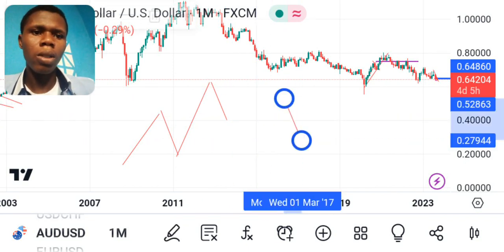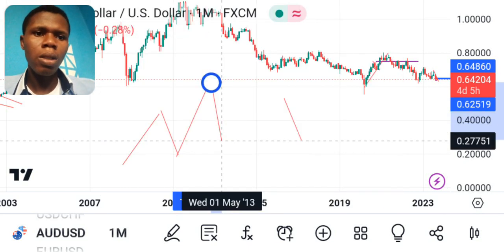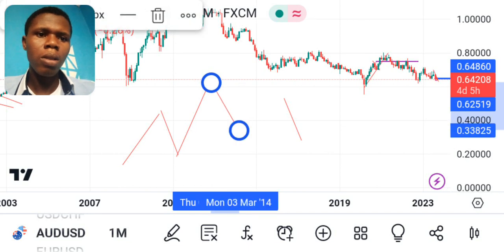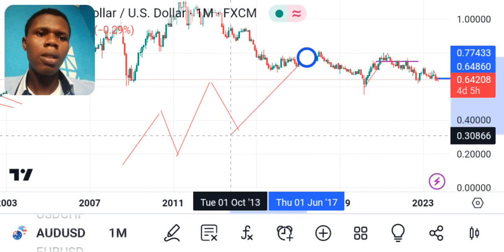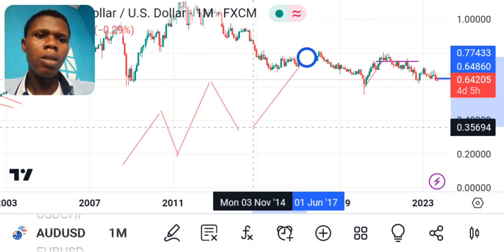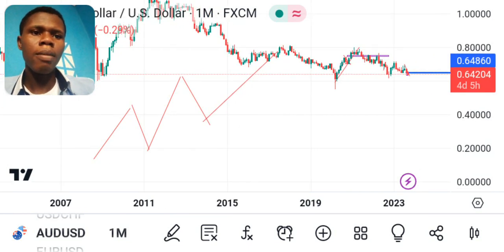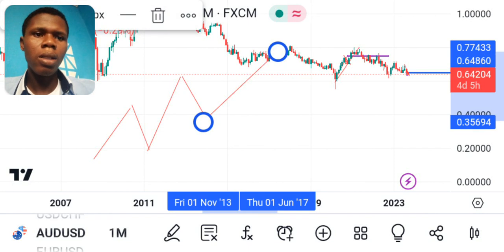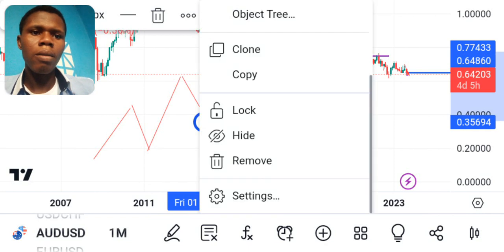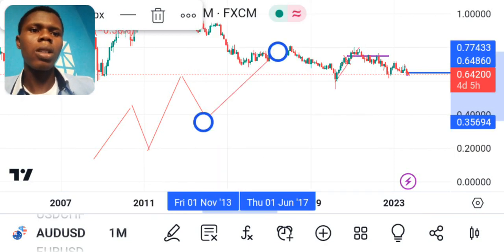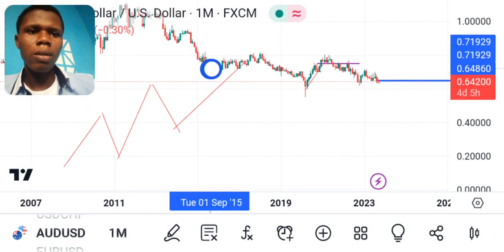And just draw this down a little bit. Easy. Not doing anything well. Let's see what's going on here. Okay, let's try to get a clear picture.